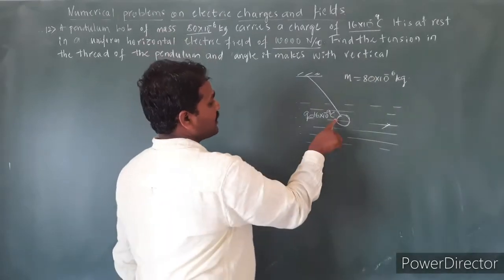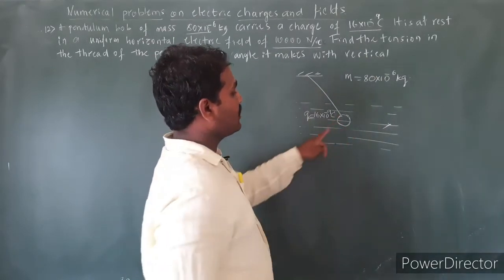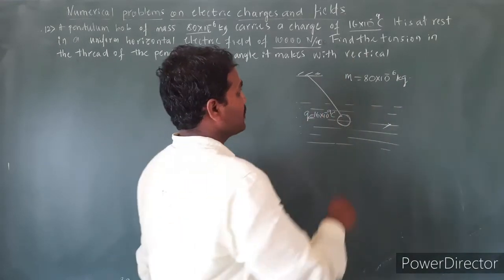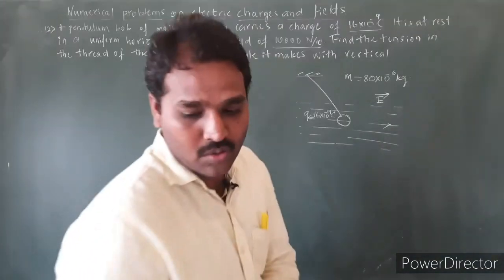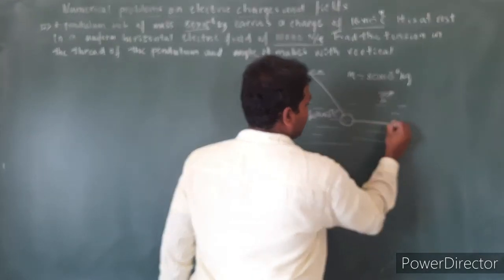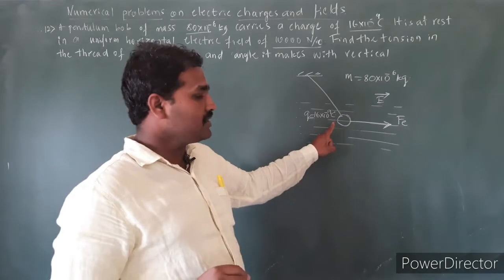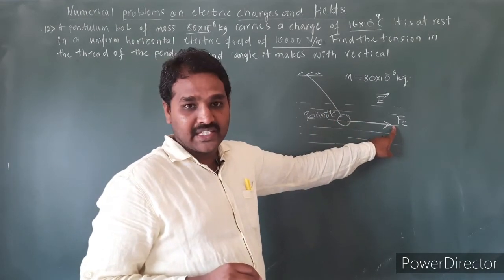Okay, since this pendulum is positively charged, there will be a force acting on this pendulum bob along the direction of the electric field. So the electric field, we are taking it along the positive x direction. So the force acting on this pendulum is also along the positive x direction. So that electrostatic force exerted on the pendulum by the electric field, let us call this Fe.